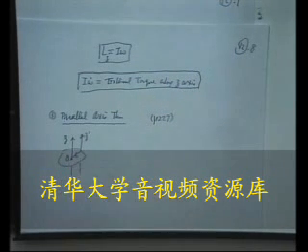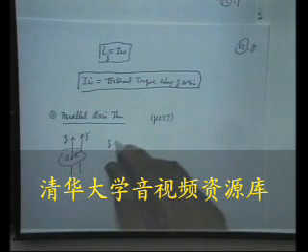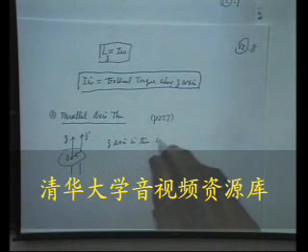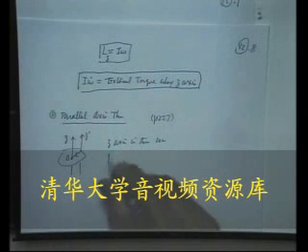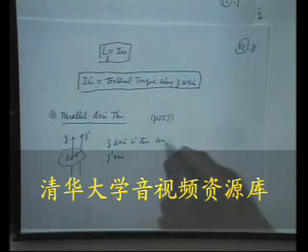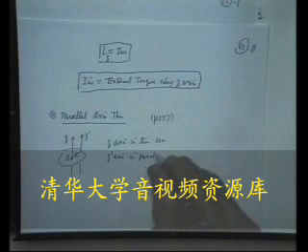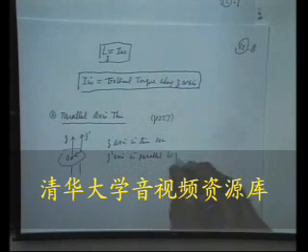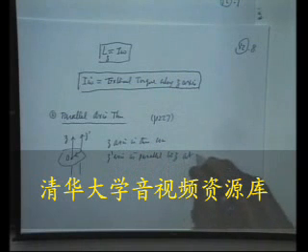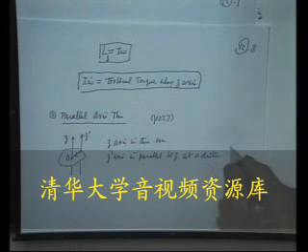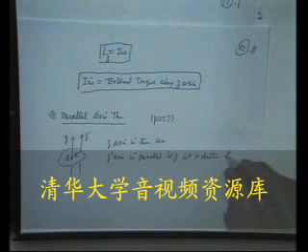This is the center of mass. The z-axis is through the center of mass. The z prime axis is parallel to z at a distance h.